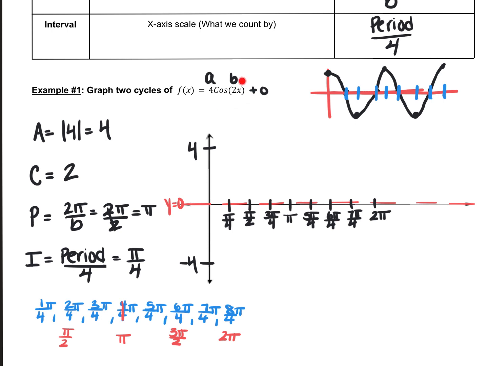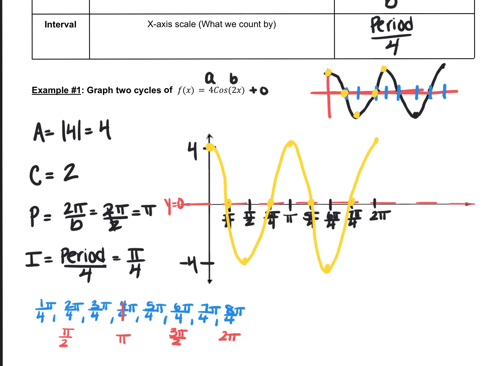So again, we're graphing a positive cos graph. So we're going to start up at the maximum, and we're going to follow each tick mark. So maximum, down, down, then up, up. Up, up. And we just keep going. Down, down, up, up. And we connect. One cycle, 2 cycles.